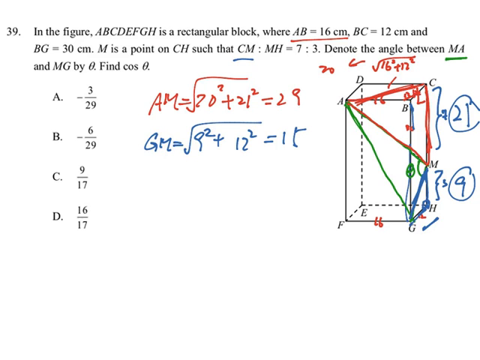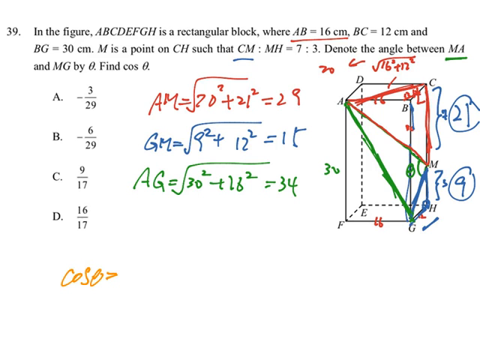Lastly, AG. AG, this one is also easy because it's 30 and 16. So 30 square plus 16 square, we can get 34. So with these 3 sides, then we can find cosine.